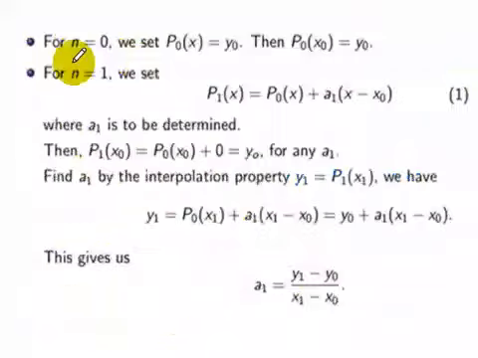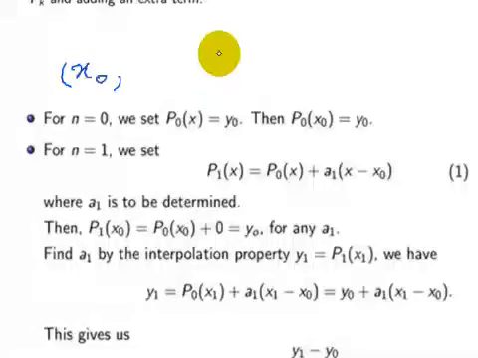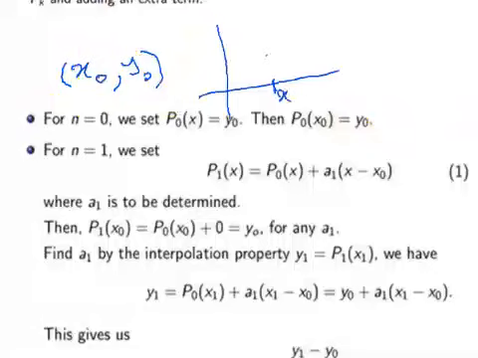Here we start off with n equals 0. Initially we have this data point, x0 comma y0. What is the polynomial that goes through this point? This is your x0 and this is the corresponding y0.